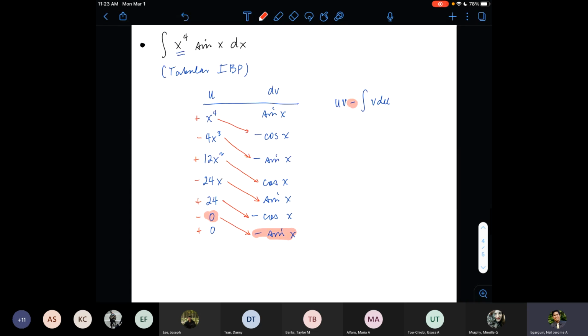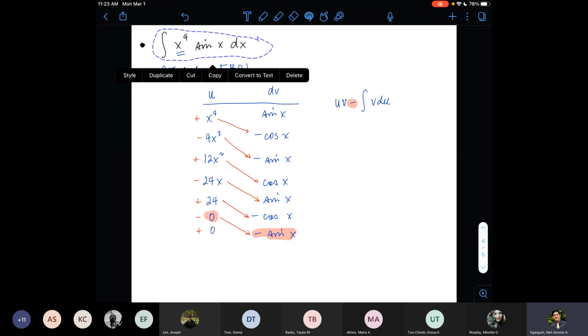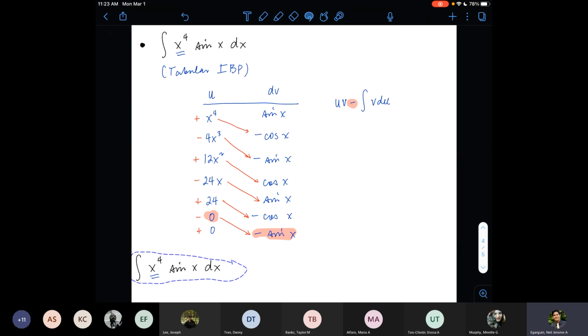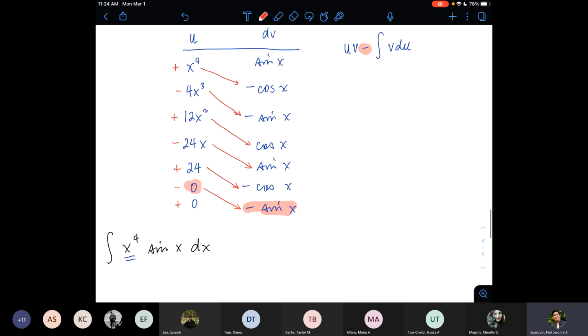So, okay, now we're ready to write the final product. So this integral over here, by repetitive IBP, which I arrange in a table like this, will be equal to the first diagonal product. So that's negative x to the fourth cosine x.